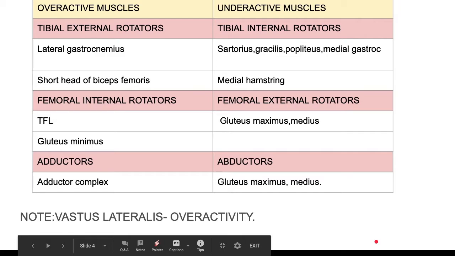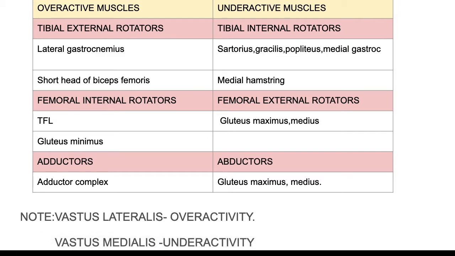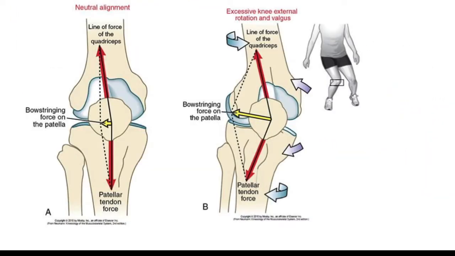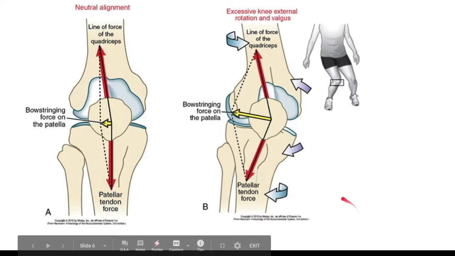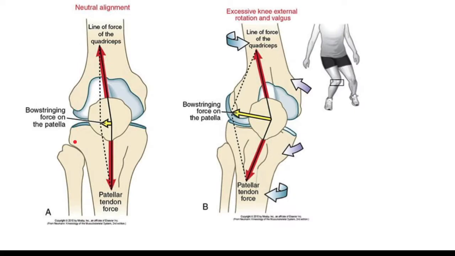Let us understand how the vastus lateralis and medialis get affected during the valgus movement. There is a concept at the knee joint called the bowstring effect. Whenever the structures at the lateral aspect of the knee are tight, they push the patella in.